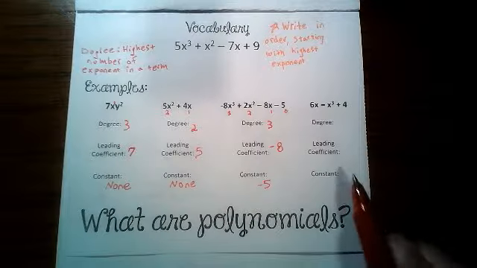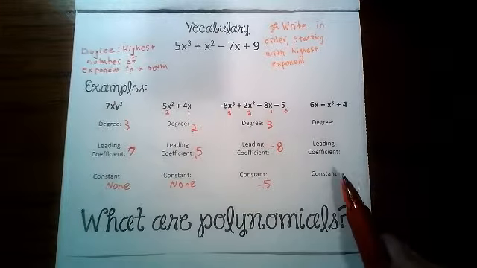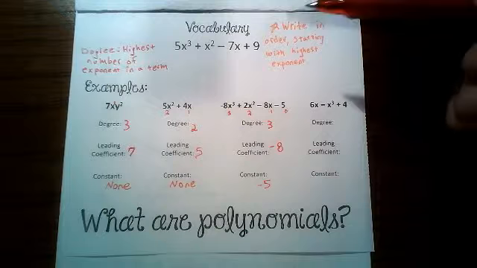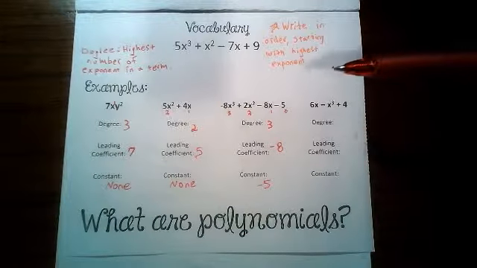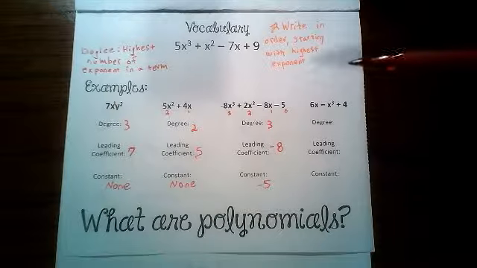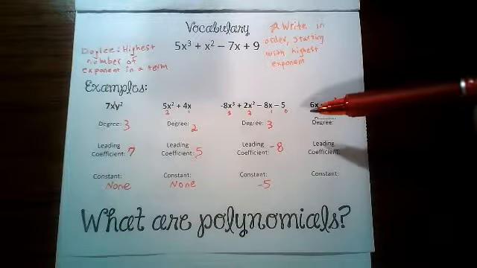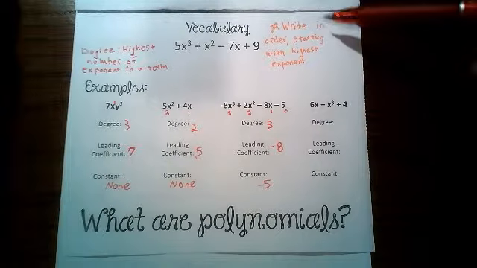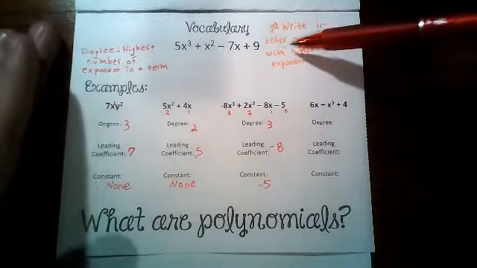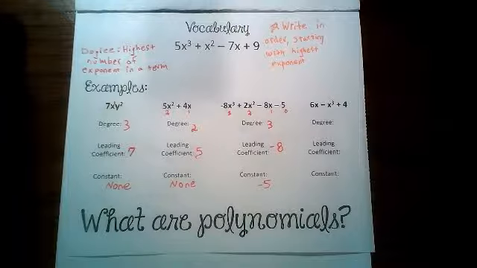Okay. Now this last one here is kind of tricky. When I write polynomials, there's something called standard form of a polynomial, and that means that you're writing it from the most exponents to the least exponents. So you're writing it in order, starting with the highest and then going kind of down the line.